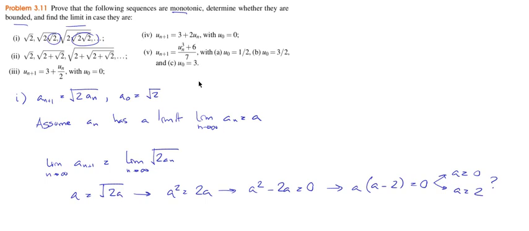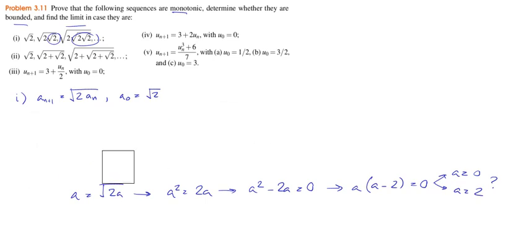Now how do we prove that this sequence has a limit? The problem is giving us the hint. We have seen in theory that sequences that are monotonically increasing or decreasing and bounded are sure to have a limit. So we are going to prove that this sequence is bounded.